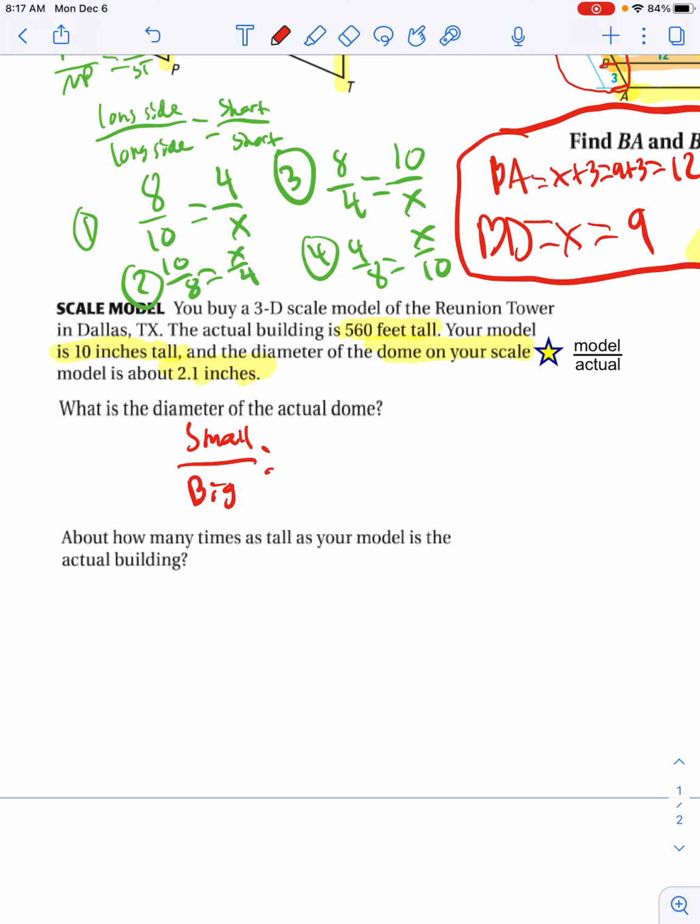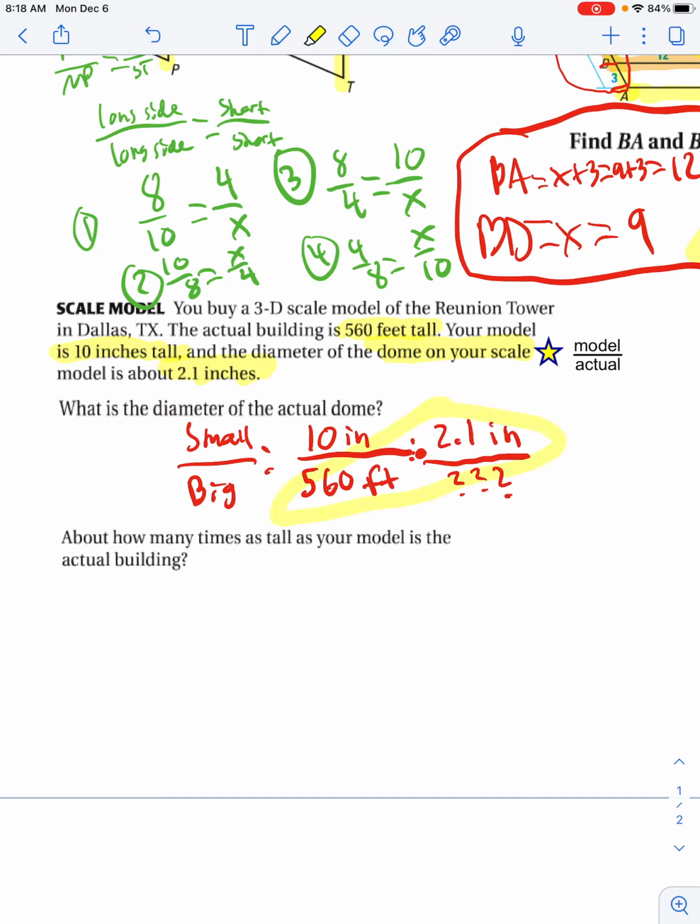My small model is 10 inches tall, but the actual building is 560 feet. The diameter of my dome, the small one, is 2.1 inches, but I need to figure out what this is going to be in feet.